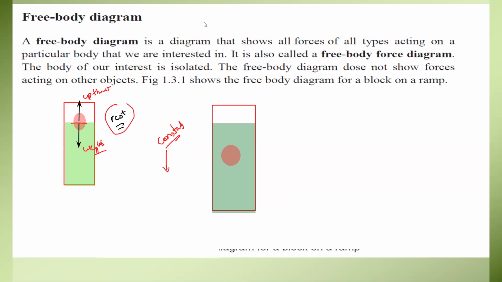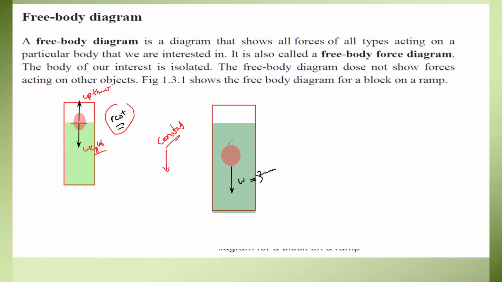First, what are the forces acting? The weight is acting downward, so we know W. Then there are two upward forces. I can represent them separately. For example, the length of the weight I represent by 2 centimeters.